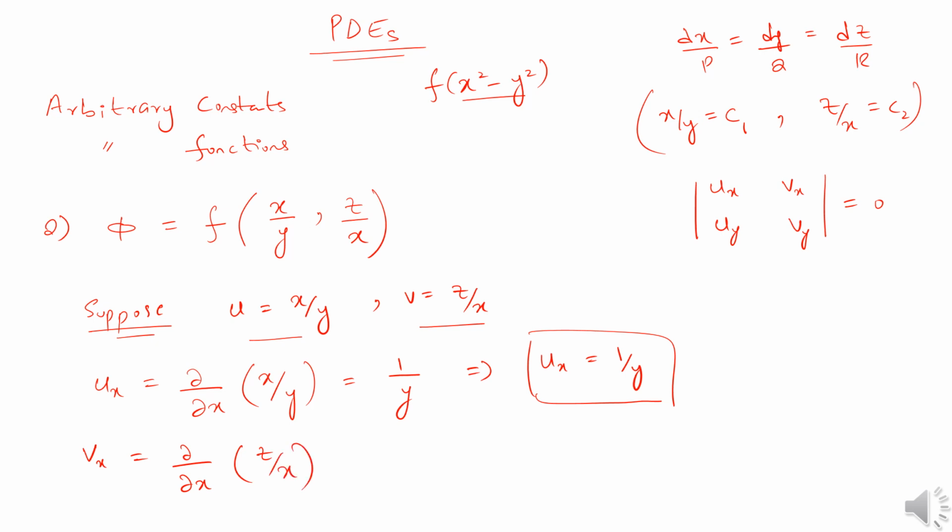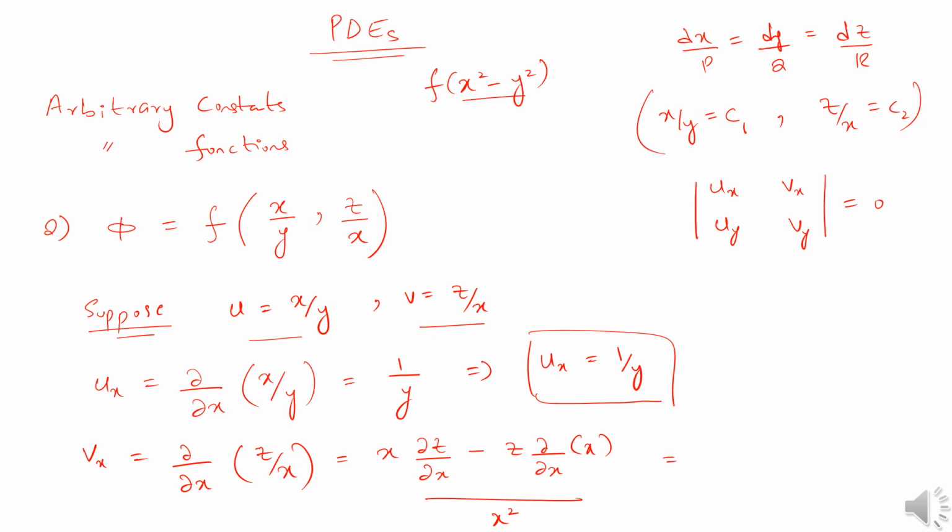So vx will be the partial derivative with respect to x of z over x. Now this function will be differentiated using the division rule. It's x times partial z over partial x, because z is the dependent variable, minus z times partial x over partial x, divided by x squared.